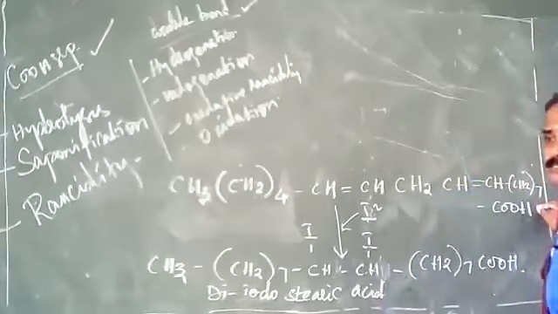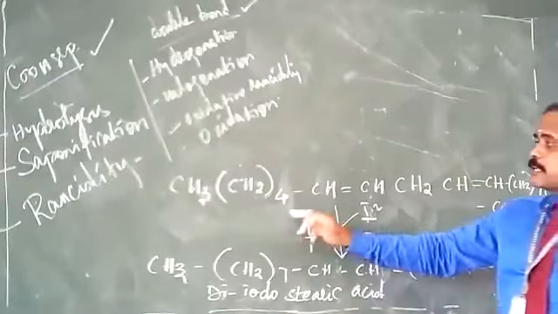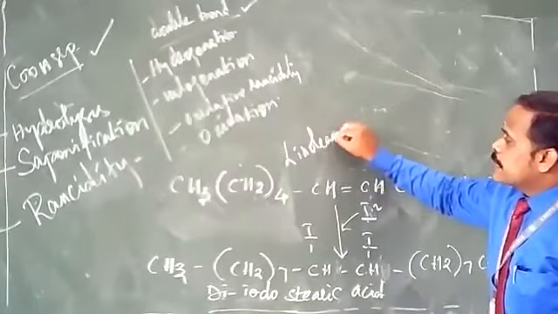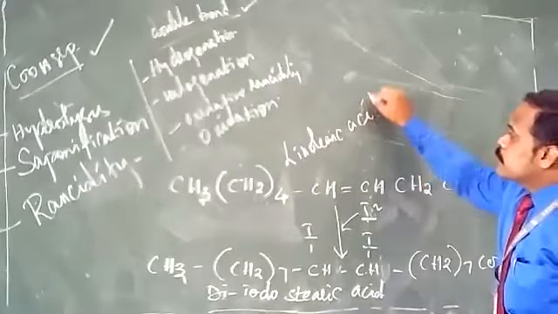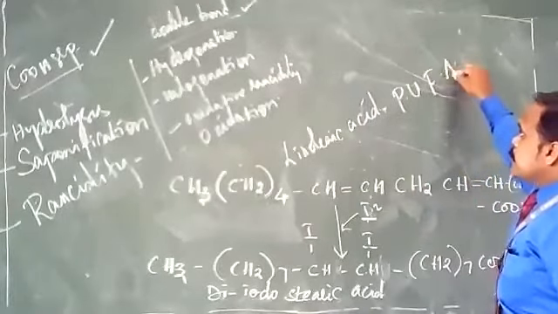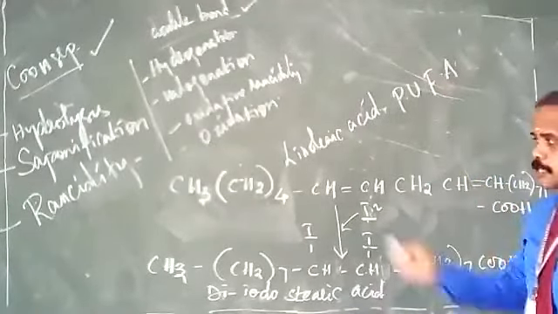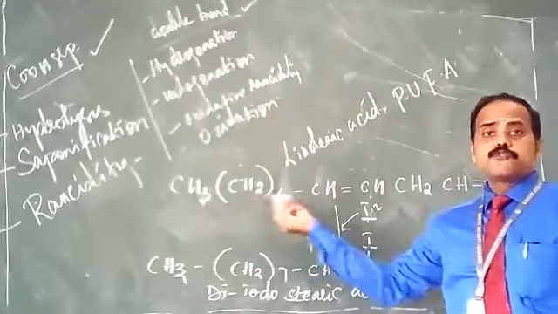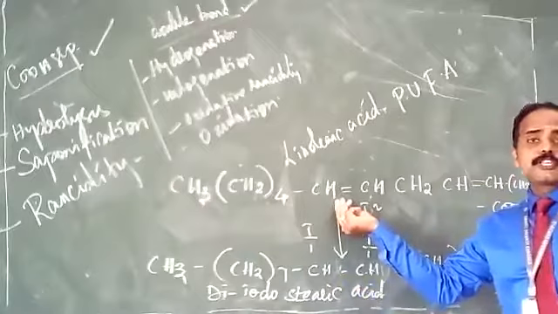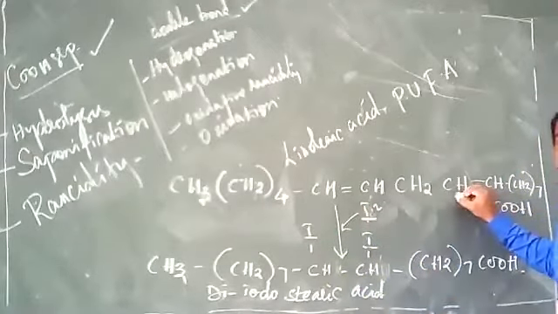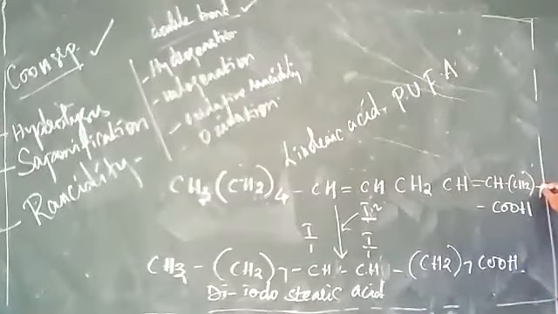Clear, students? I'll tell you the structure again. Linoleic acid is a polyunsaturated fatty acid: CH3, CH2, 4, CH double bond CH, CH2, CH double bond CH, CH2, 7, COOH.